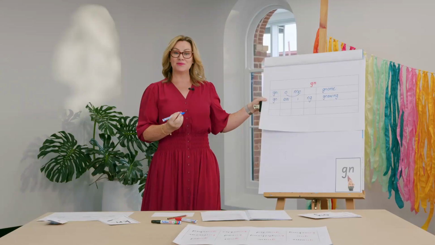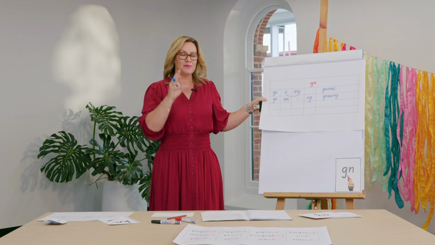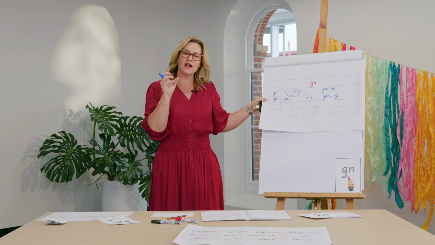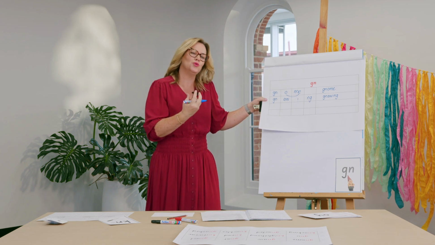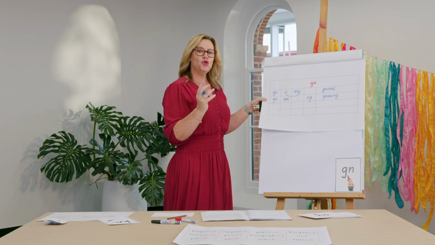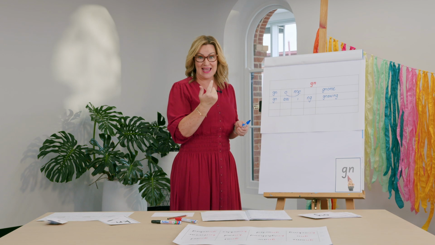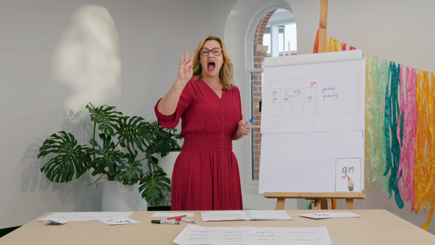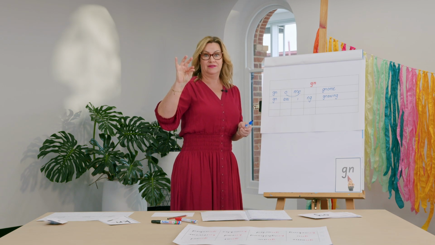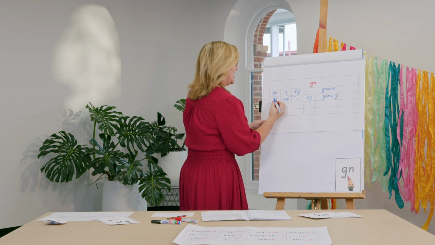Gnawing. Next word is gnarled. Picture that tree, the trunk and the roots and the branches were all twisted. Gnarled. Hearing that past tense D at the end. N, R as in car, L, D. Okay.